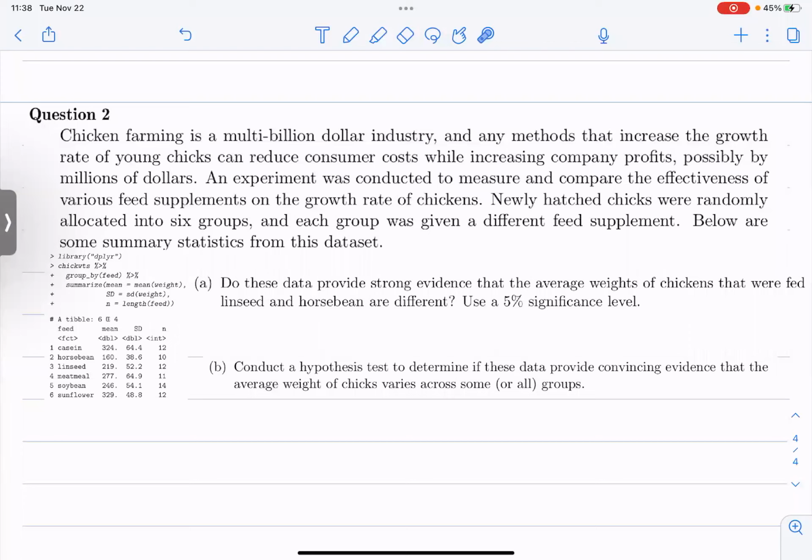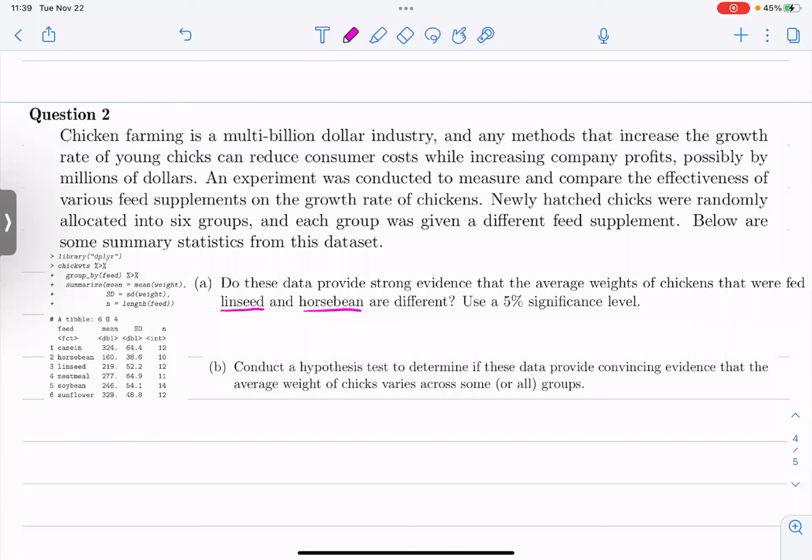So already, when I see multiple groups, more than 2 groups, here I have 6 groups, right? I have the mean, I have the standard deviation. As soon as I see that, my gut goes ANOVA, right? But we'll kind of slow it down a little bit, because first we want to know, do these data provide strong evidence that the average weights of chickens that were fed linseed and horse bean are different?